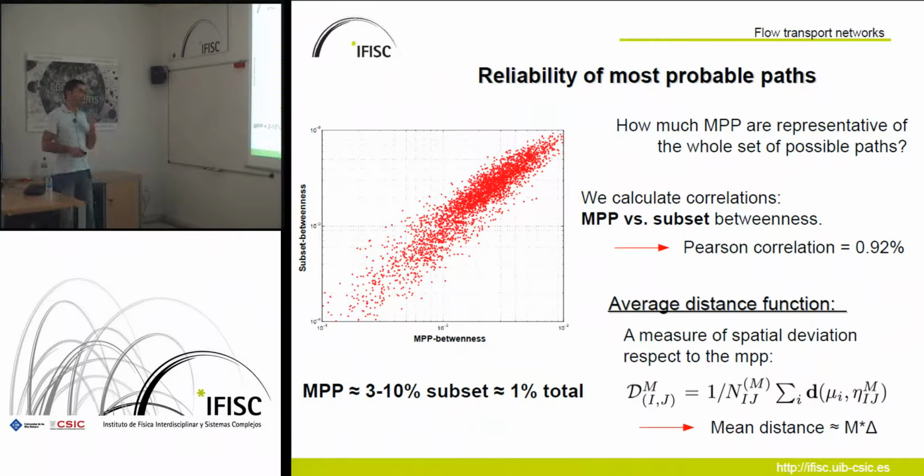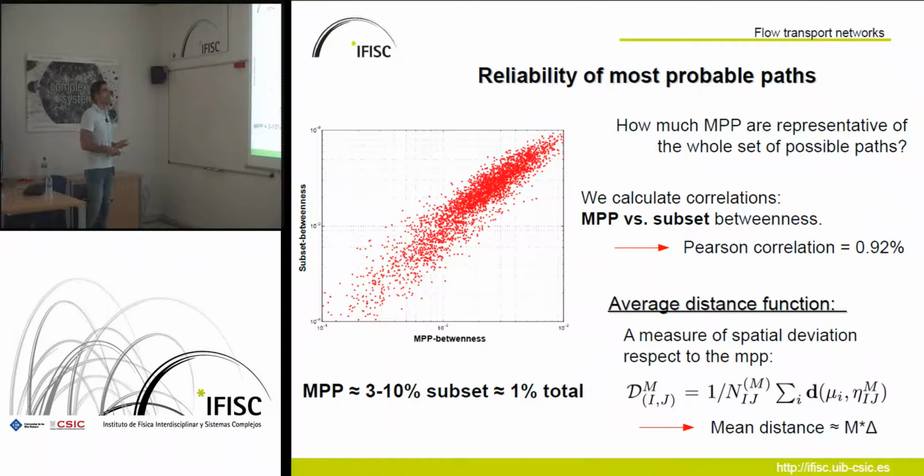This is because we tried to compute the mean distance between paths belonging to this subset, considering the same pair of nodes, of course. And we found that the mean distance is not so large. So basically, the paths are more or less close to each other.